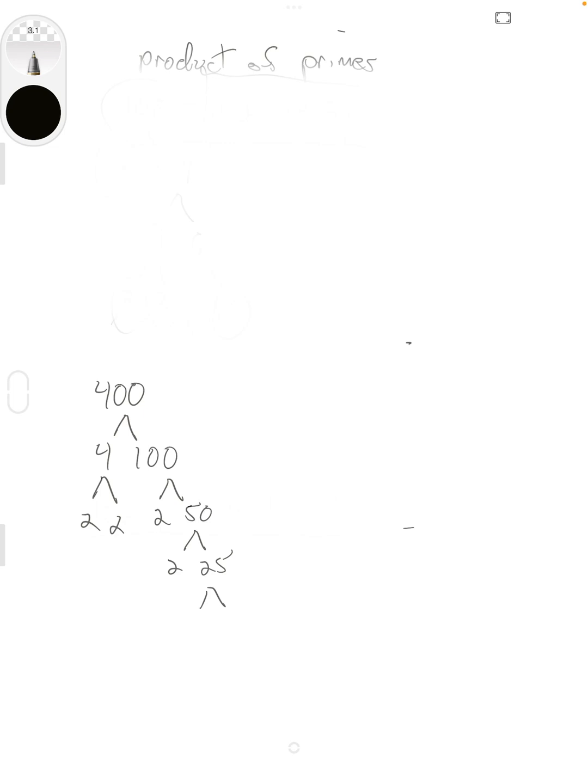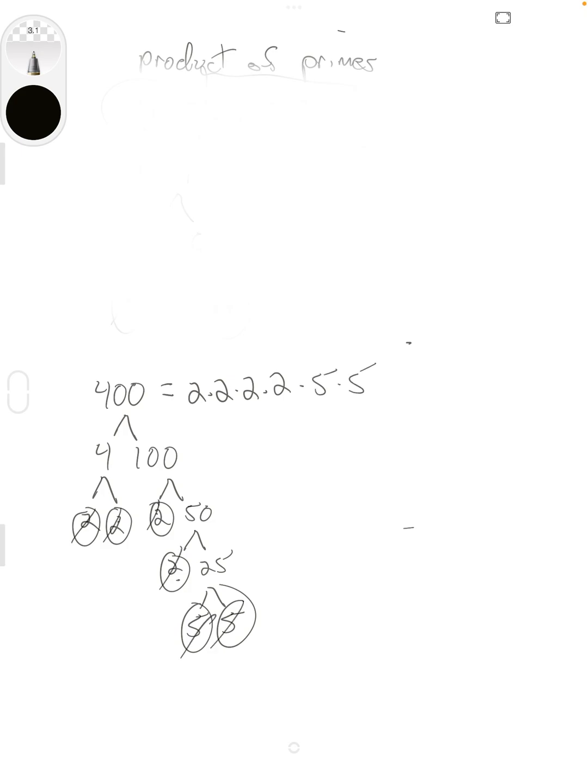And 25 is equal to 5 times 5. So when I do this, I circle all the prime numbers when I'm done. That way I know when I'm done. And I count them. 1, 2, 3, 4. So that's equal to 2 times 2 times 2 times 2, and there are 5 times 5. This is the product of primes.